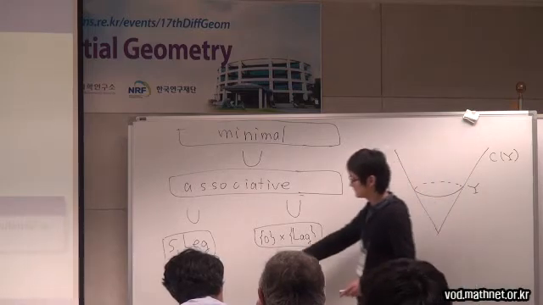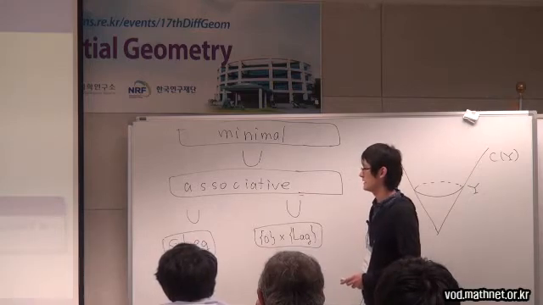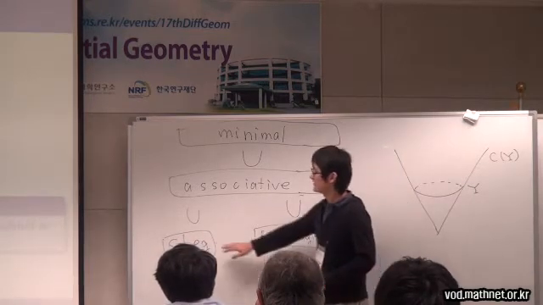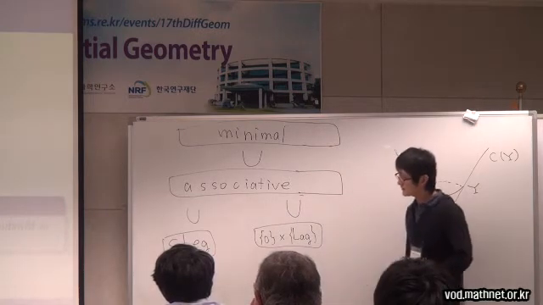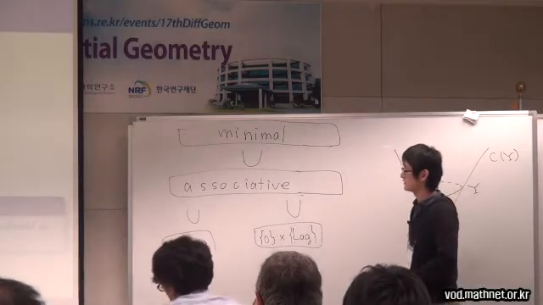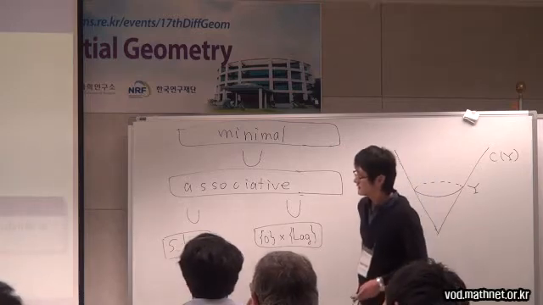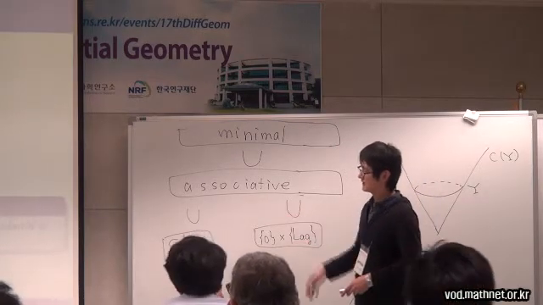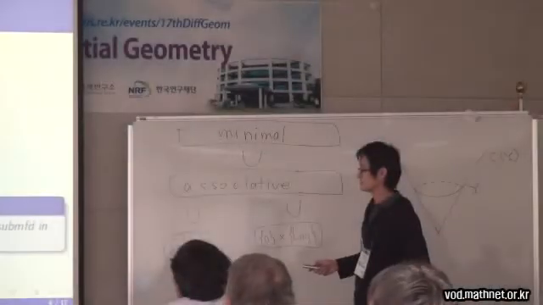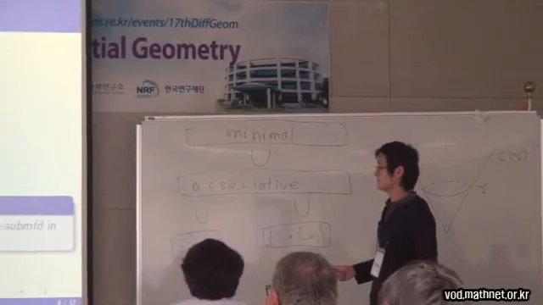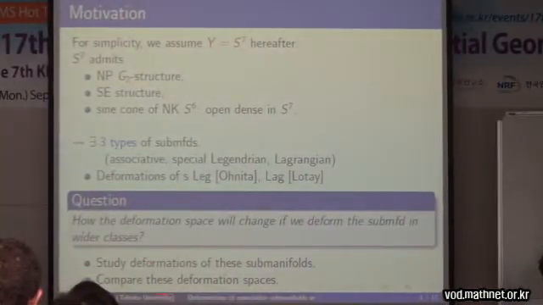But here this is special Lagrangian, and the deformations of special Lagrangian submanifolds are considered by Professor Onita, and the deformation of Lagrangian are considered by Professor Lotte. So it is natural to consider deformation of associative submanifolds, and we can make the next natural question, namely, how the deformation space will change if we deform the submanifold in wider classes.